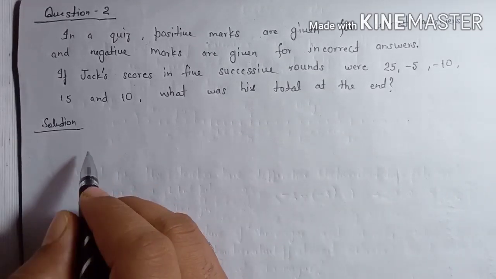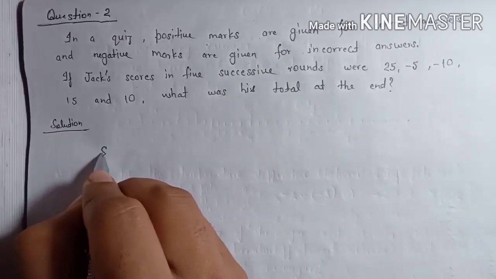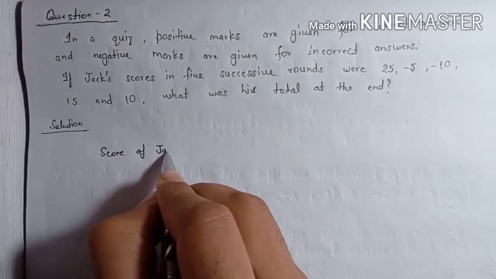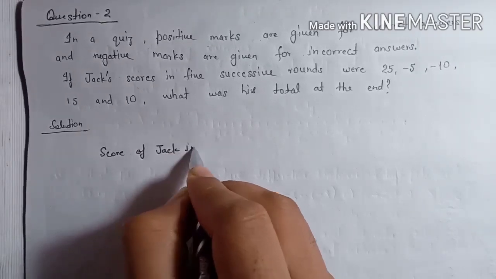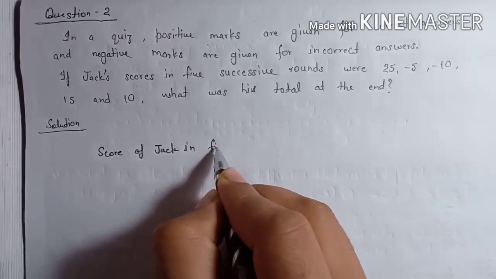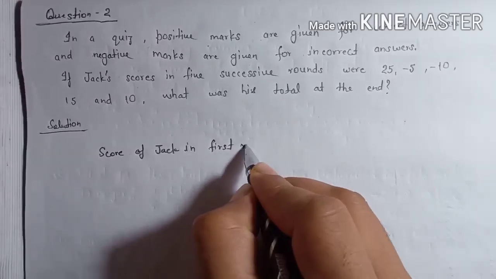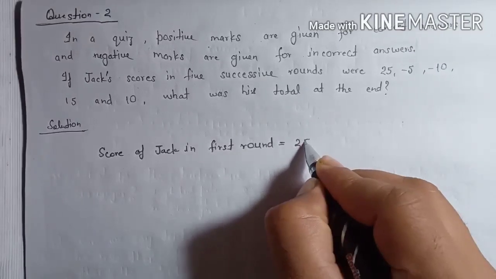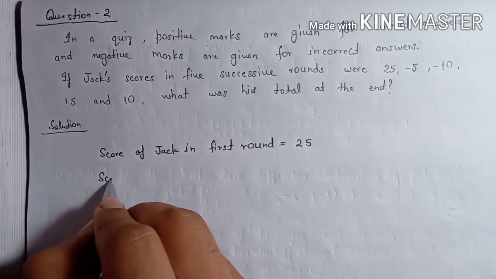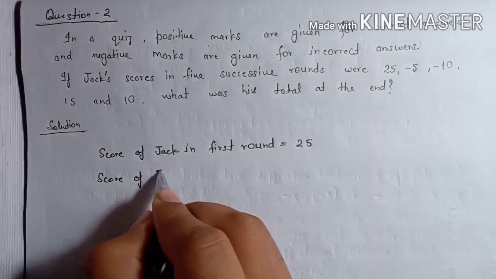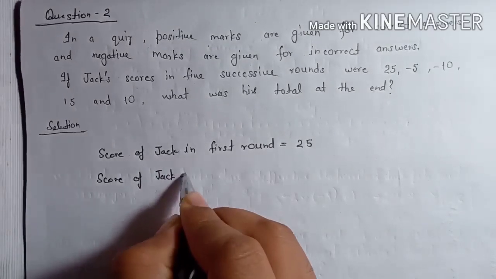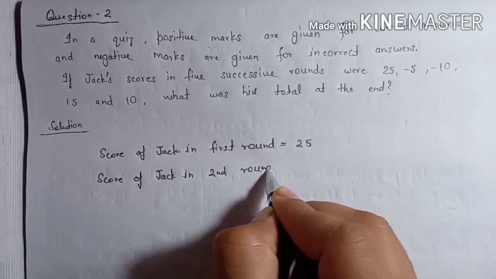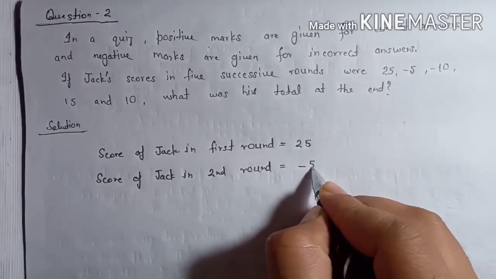right here, score of Jack in the first round, and that is 25. Score of Jack in the second round, that is -5.